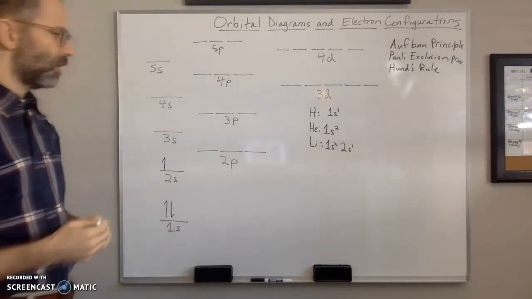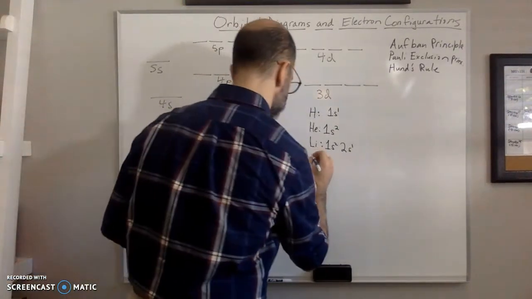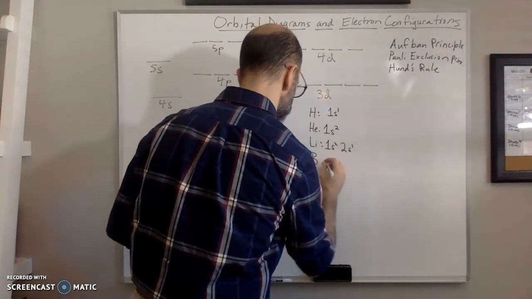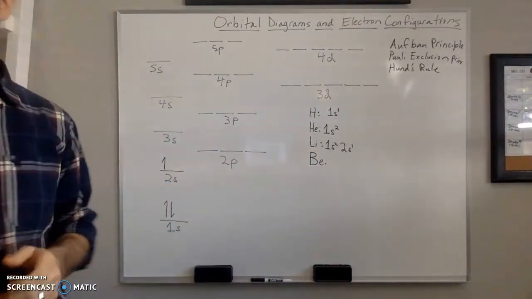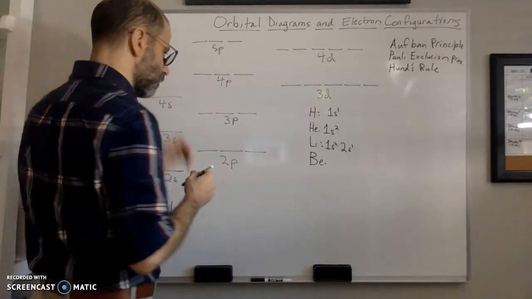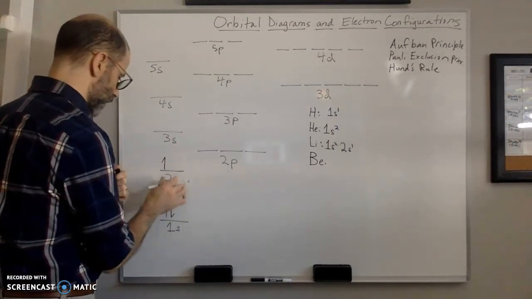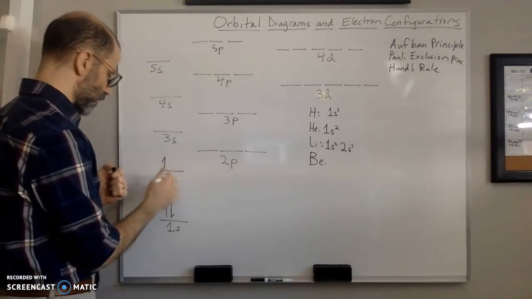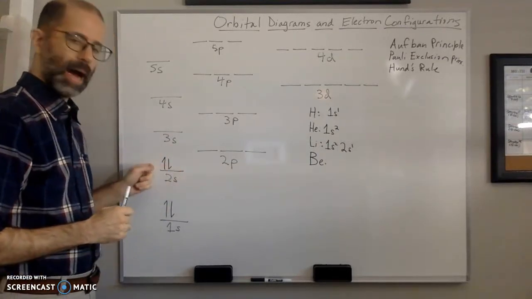Okay, let's keep going. What's after lithium? Beryllium. Beryllium has 4 electrons. Let me double check. Yes, beryllium has 4 electrons. Again, we have 1 orbital here at the 2s sublevel, so we're going to put in a 4th electron. We pair them up, opposite spins.